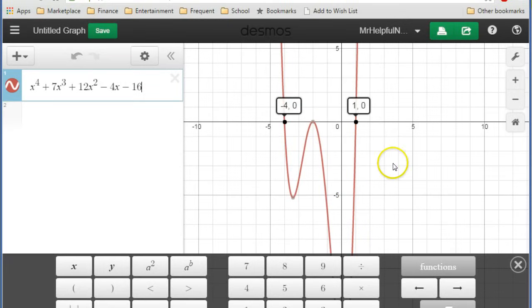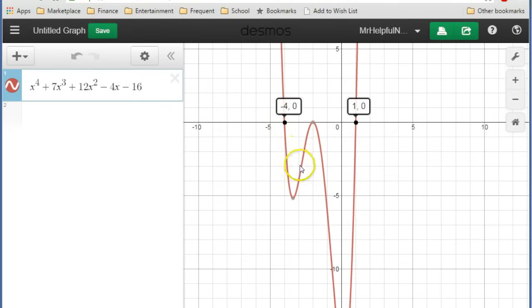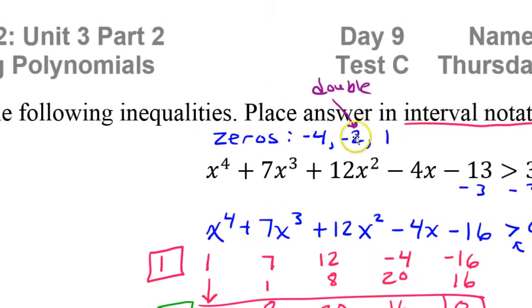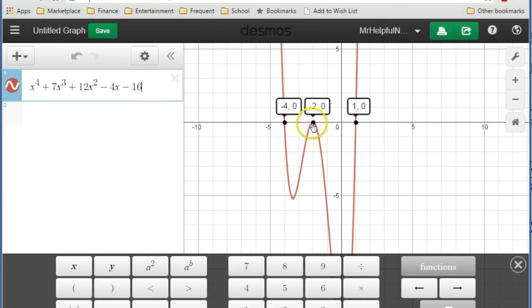Looking at the graph, you can see the reason why is that the graph didn't go through at negative 2, it was a bounce. Making one last connection, remember that negative 2 was a double root, and whenever you have a double root, that's when you have a bounce.